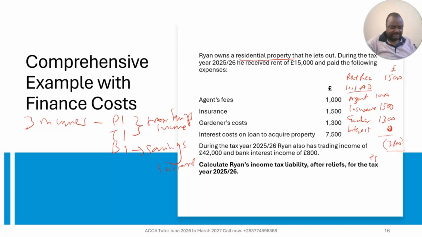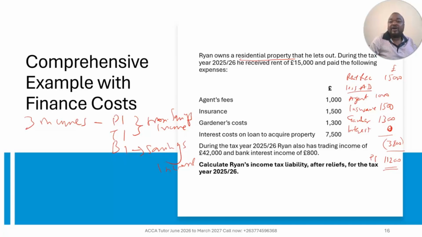Oh yes, I'm sorry for the delay. We are saying that 15,000 minus 3,800, that's 11,200. Ladies and gentlemen, that's the property income. That's not the income tax liability. That's the working for property income.